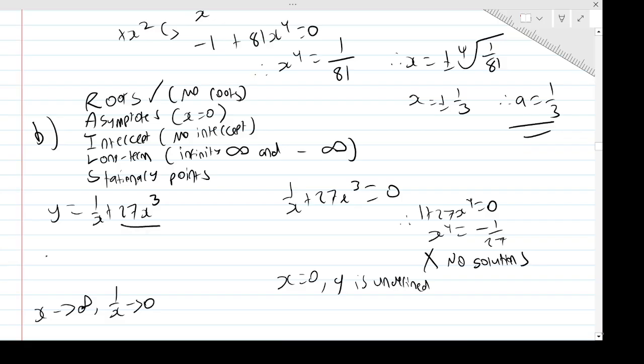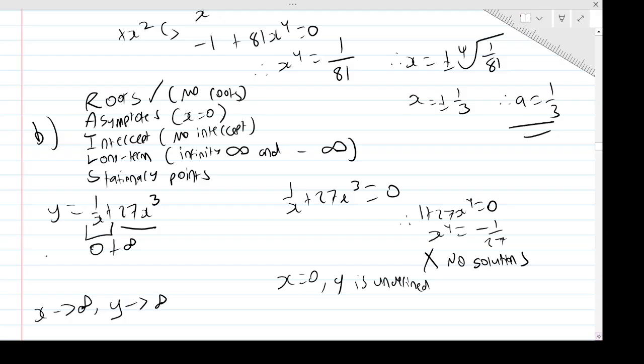But then the problem is here, we're adding x cubed. Effectively, when x goes to infinity, we're essentially adding 0 add infinity, because x cubed will go to infinity if x goes to infinity. So basically, the whole graph y would go to infinity.